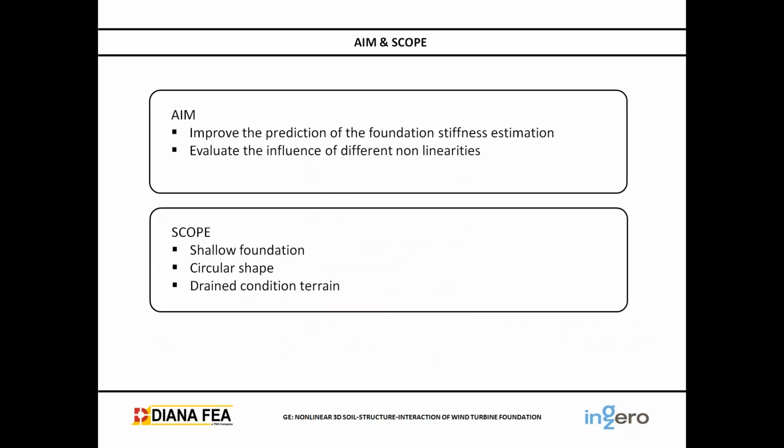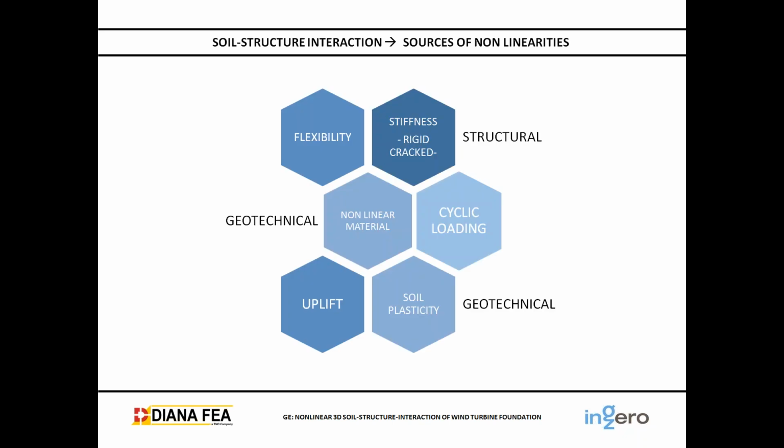So the aim of this webinar is to improve the prediction of the foundation stiffness estimation and to evaluate the influence of different nonlinearities. Our scope is a shallow foundation, a typical wind turbine foundation with circular shape and in drained conditions.